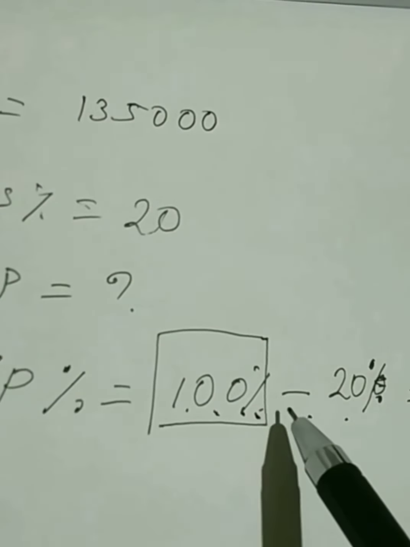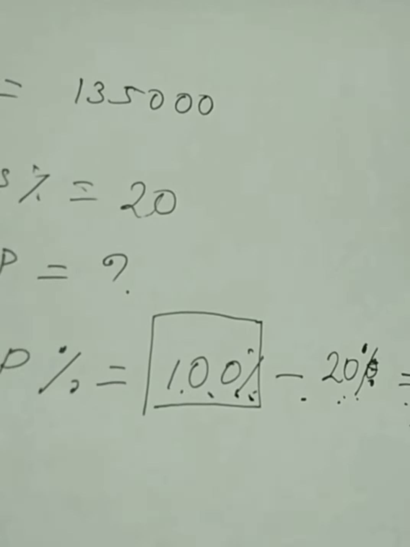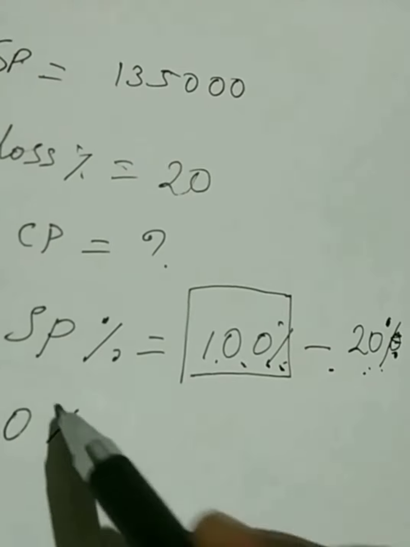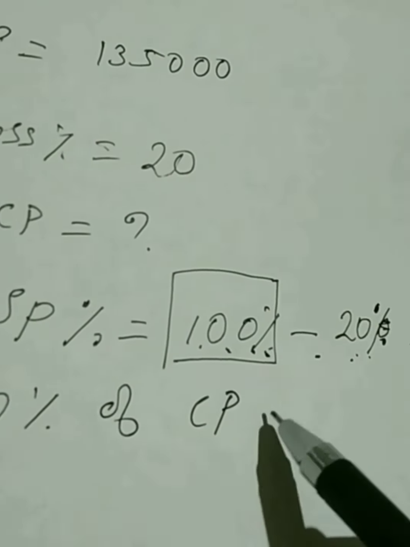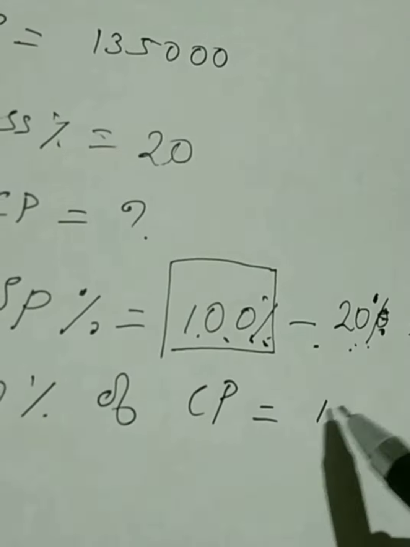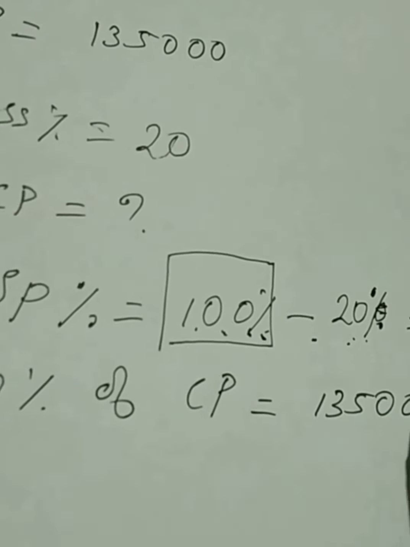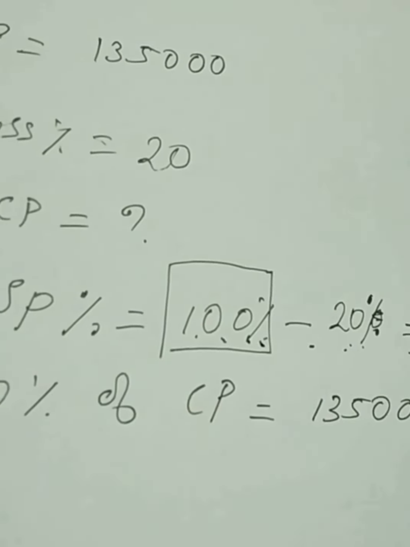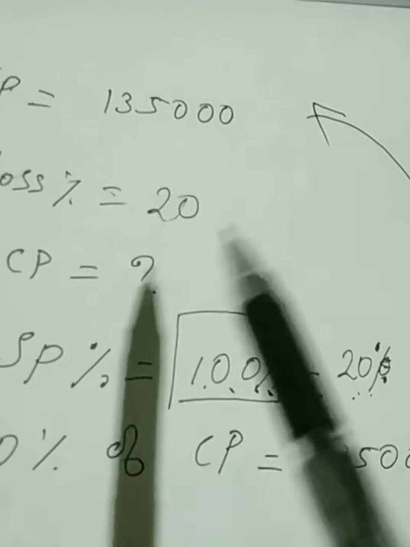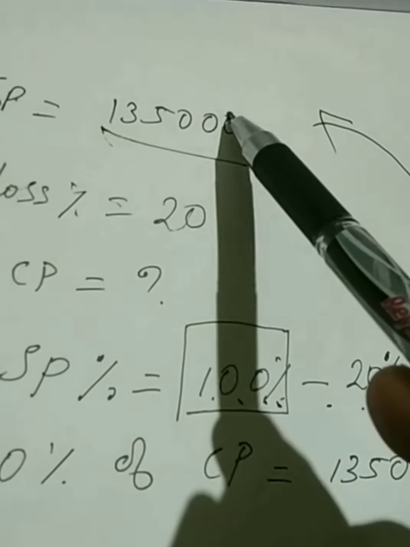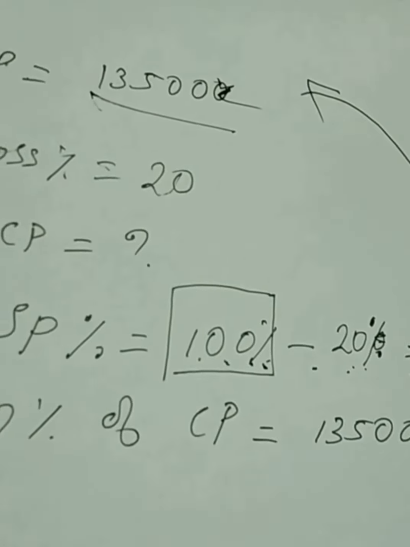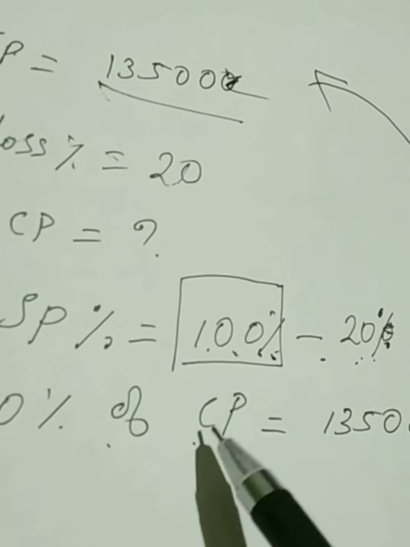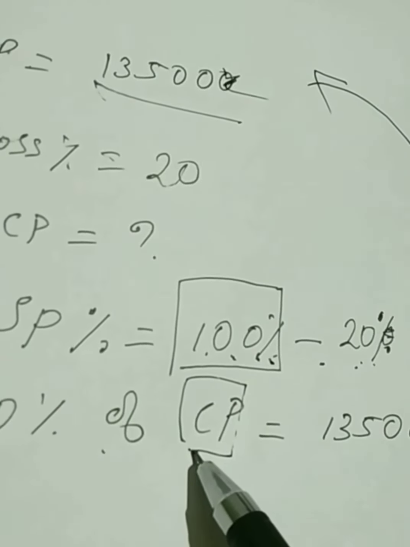So 100% minus 20% is equal to 80%. So 80% of cost price, which we don't know, will be 13,500. That is, 80% of an amount is equal to 13,500.